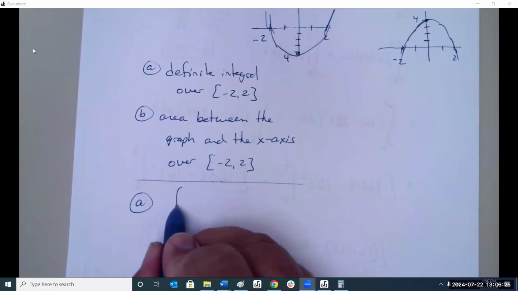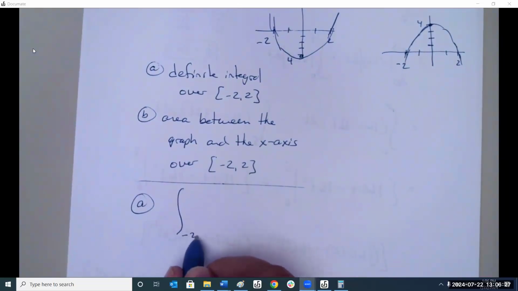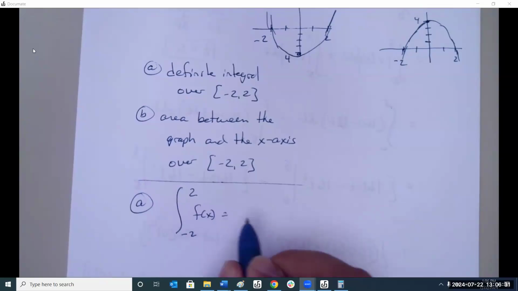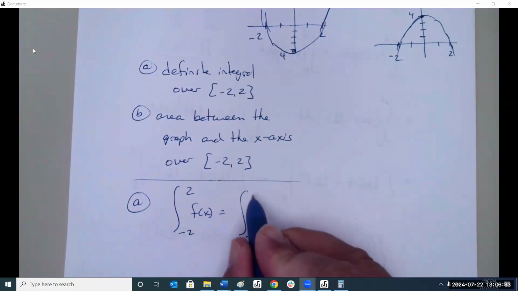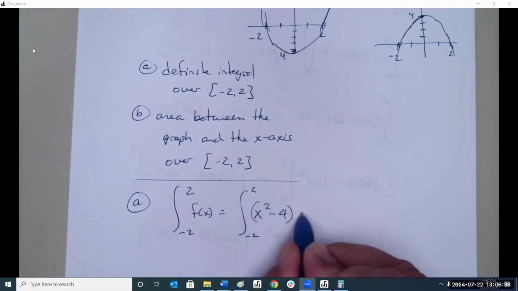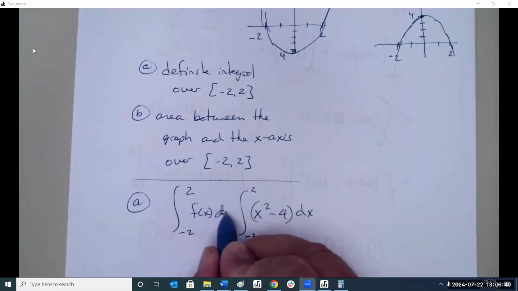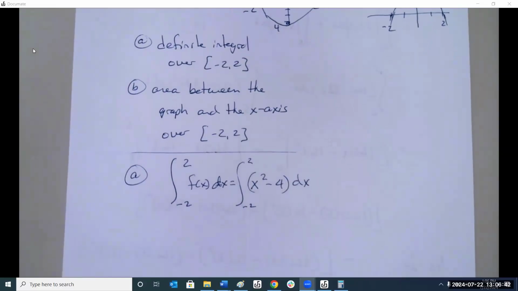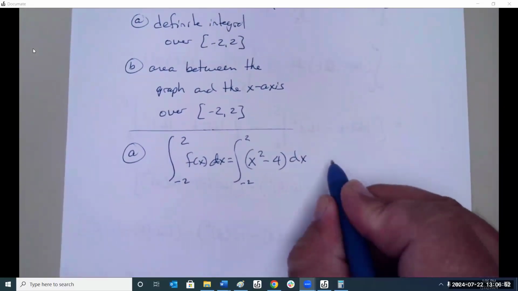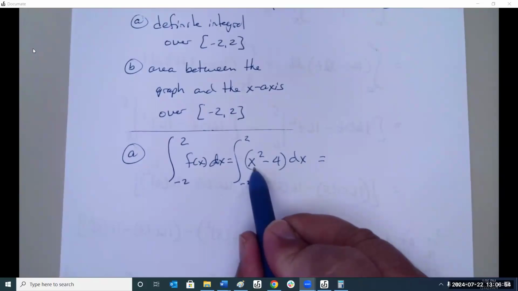The definite integral from -2 to 2 of f of x equals the integral from -2 to 2 of x squared minus 4 dx. So what's the integral of x squared?